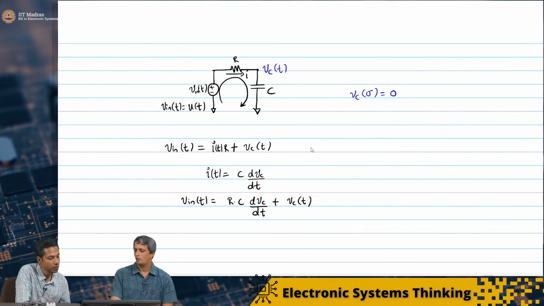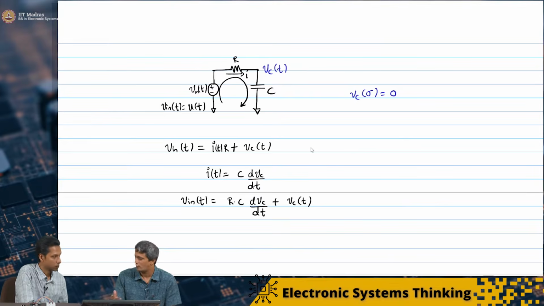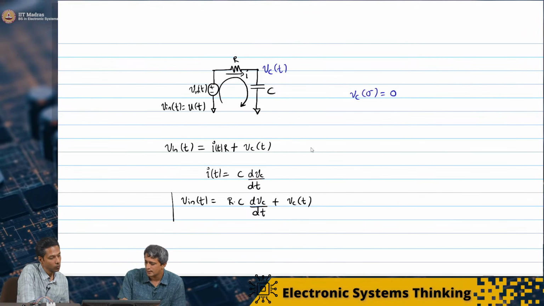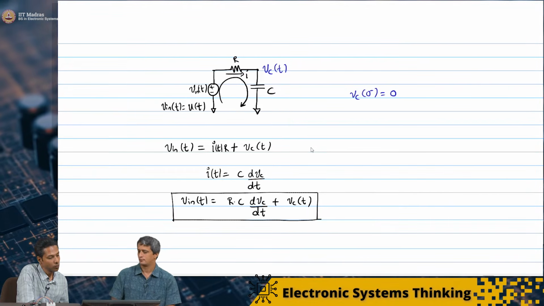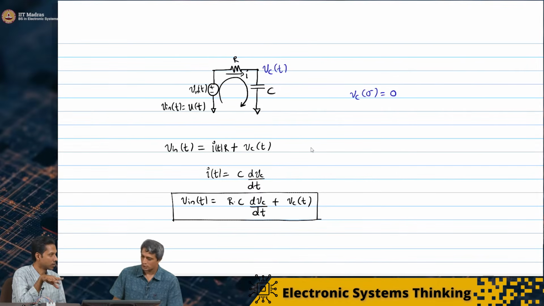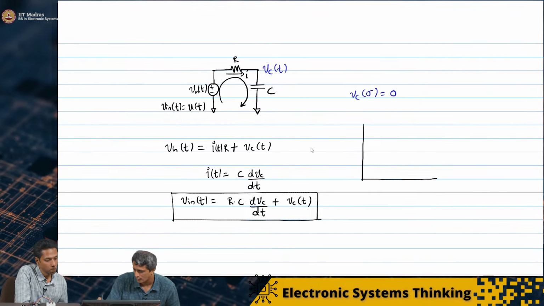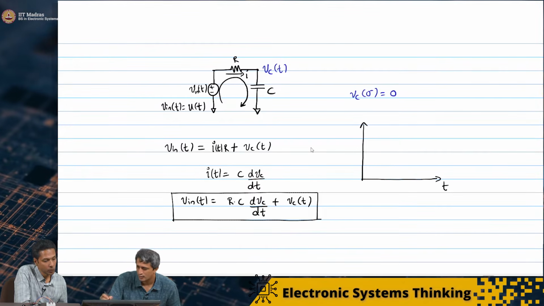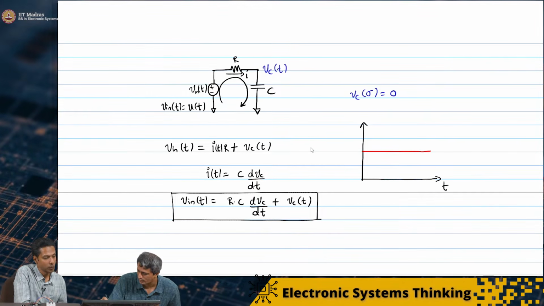So now we have a variable, Vc of t, that we want to solve for as a function of time, and we have a nice differential equation of this form. And V in of t after 0 is a constant. As we had plotted earlier, V in of t is just going to be 1 after 0.